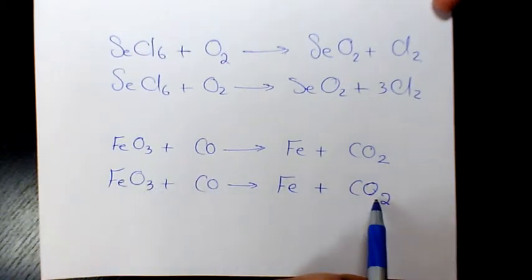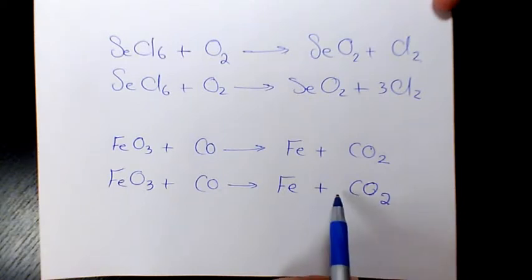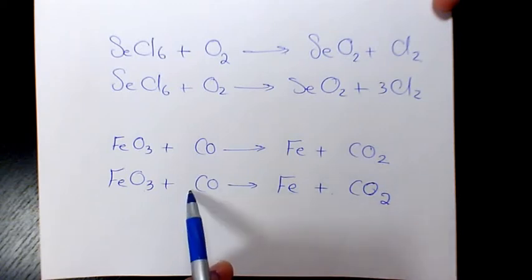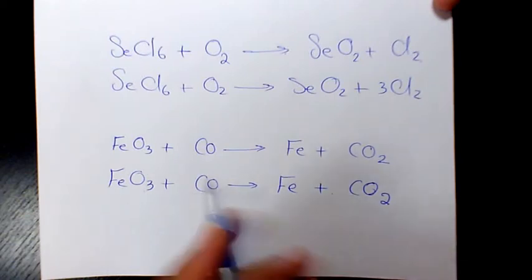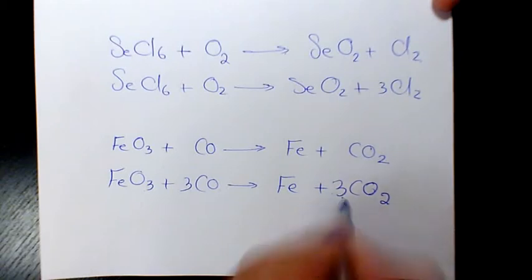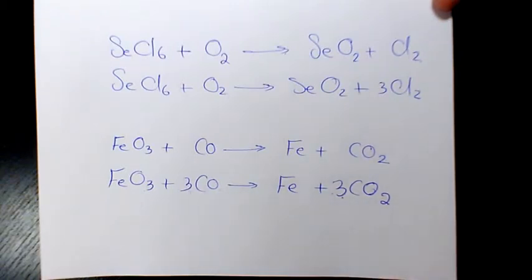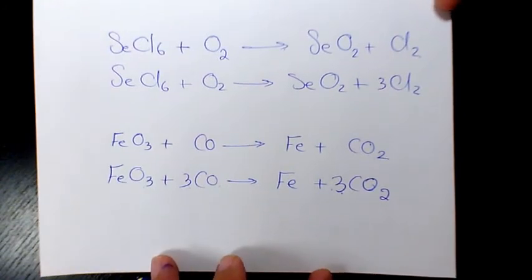And we have 2 in here. If I place 2, we have 2 carbon, and this one is going to be 2 as well. So that's not going to work. However, if I make this one 3, and this one 3, we have 3 carbon atoms in both sides, and we have 6 oxygen and 6 oxygen in here. Now it is completely balanced.